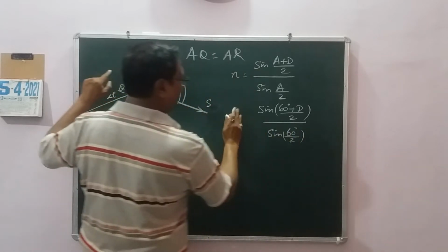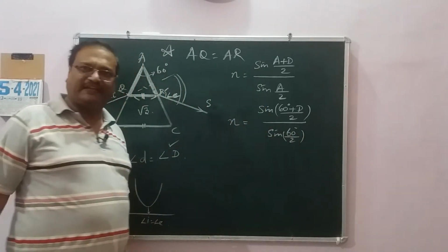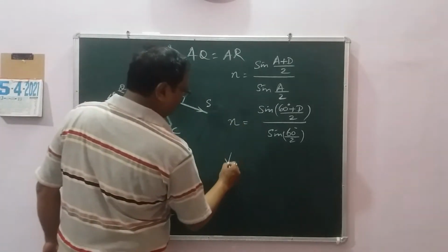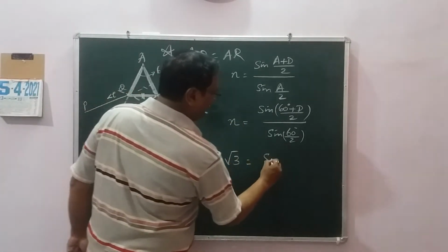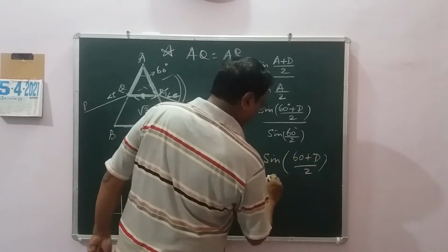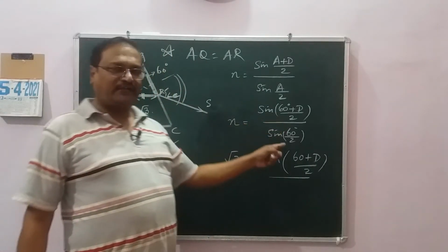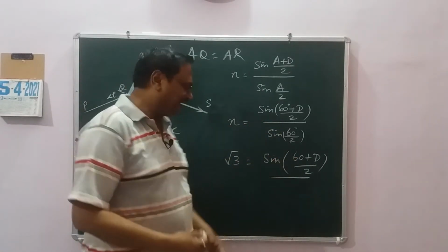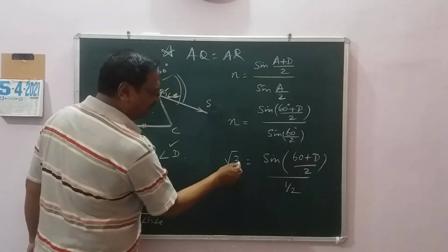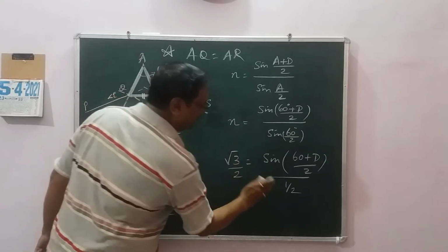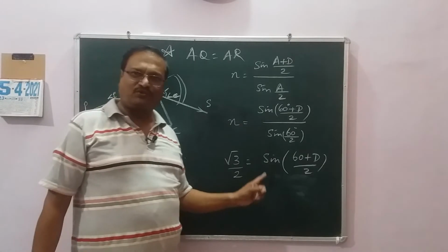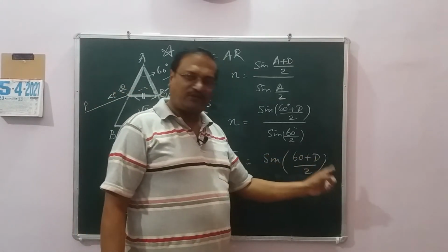The refractive index is √3, so √3 is equal to sine of (60 plus D) by 2 divided by sine 30. Sine 30 is 1 by 2, right? So bring the half here and multiply: √3 by 2 is equal to sine of (60 plus D) by 2.